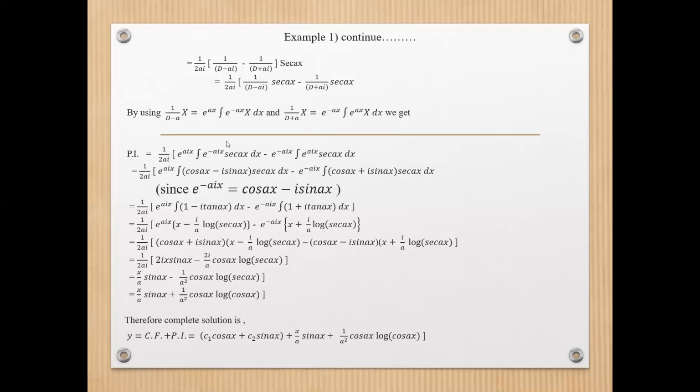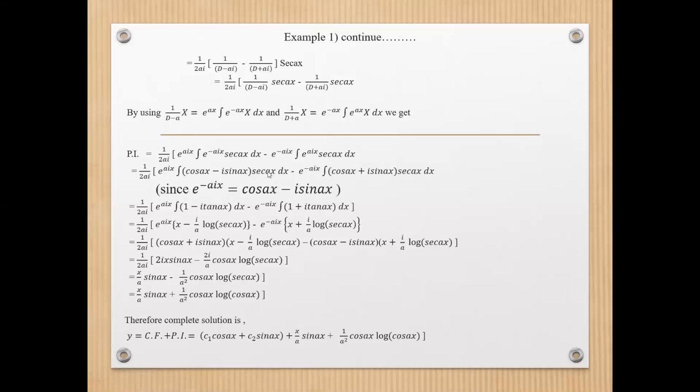Okay, by using this formula, what do we get? 1 upon 2ai e raised to aix integration, instead of e raised to minus aix we write cos ax minus i sin ax into sec ax dx, minus e raised to minus aix integration cos ax plus i sin ax into sec ax dx.